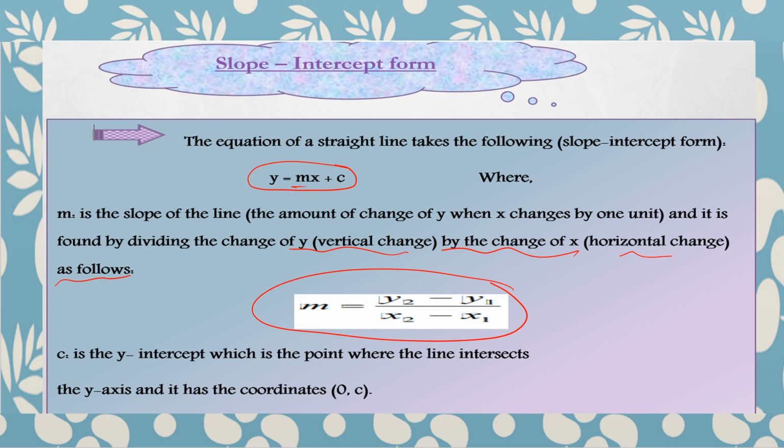This is the formula of the slope. c is the y-intercept, which is the point where the line intersects the y-axis, and it has the coordinates 0 and c.